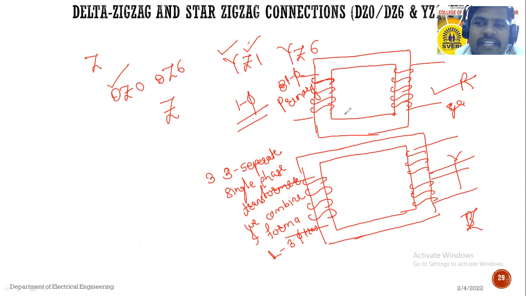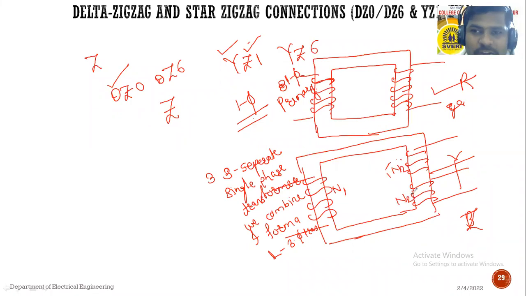So see, in case of zigzag connection, the secondary of the transformer has in each phase two separate windings having the same number of turns. Suppose the primary has n1 number of turns, the secondary has n2 number of turns, and the same turns on the next winding.